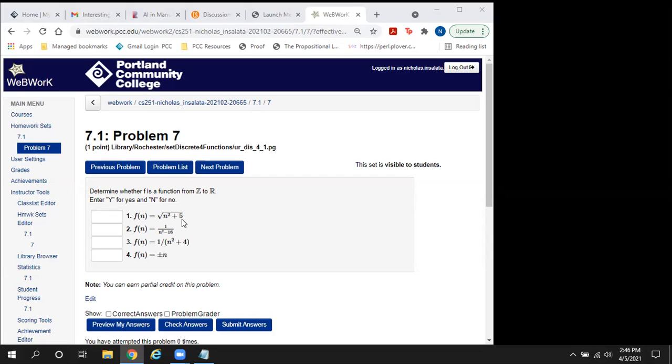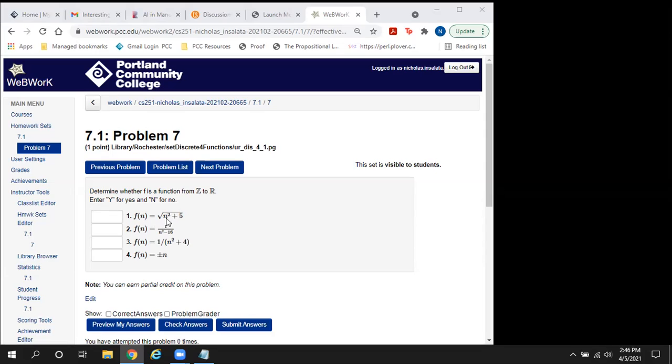So it looks like what they mean is that only the positive output will be considered in that case, which is kind of silly. But well, no, that is right, because you're squaring these and adding 5.